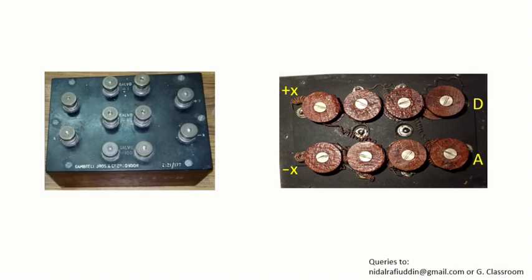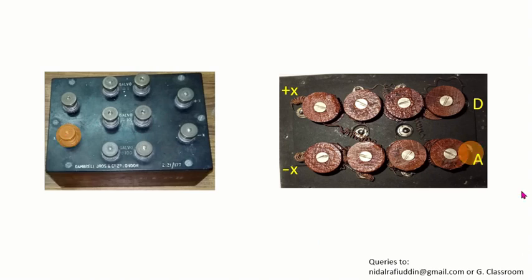If we try to figure this out by unscrewing this, or making things inside out, we observe that under this panel we have a series of coils as shown here. So this terminal is D, which is this one.